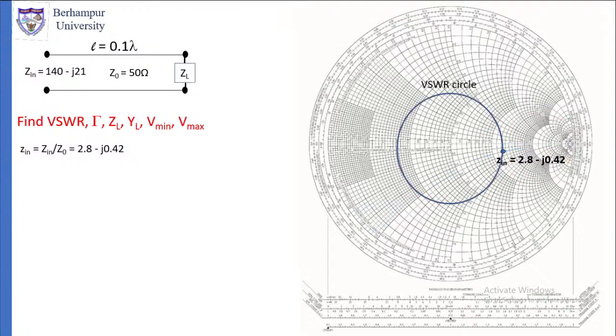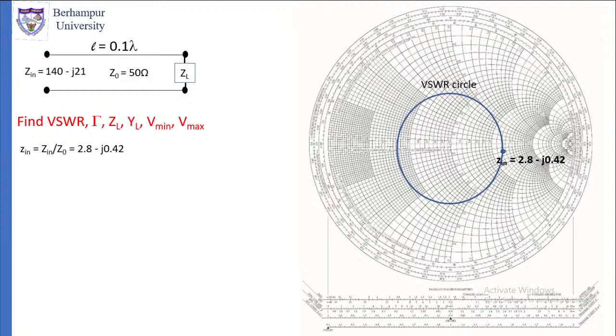Then what we will do, as I have told you, is draw the constant VSWR circle. How to draw the constant VSWR circle? Look at the point 1 on the horizontal line.